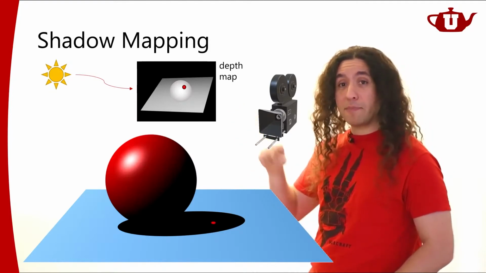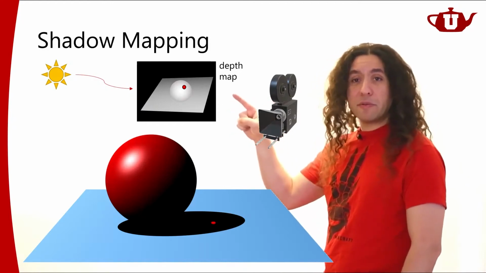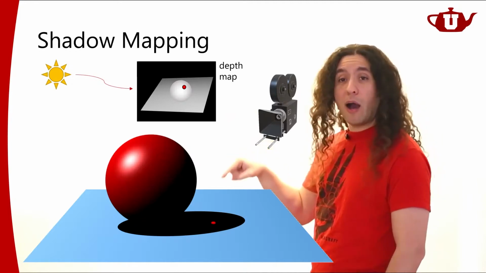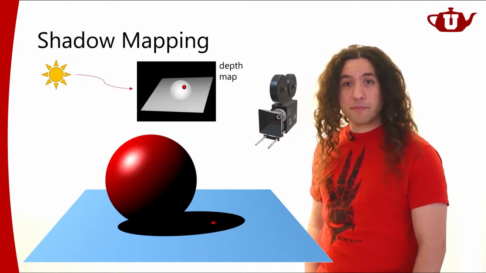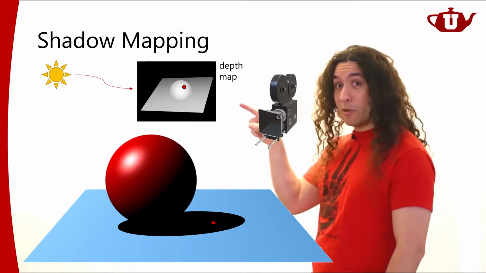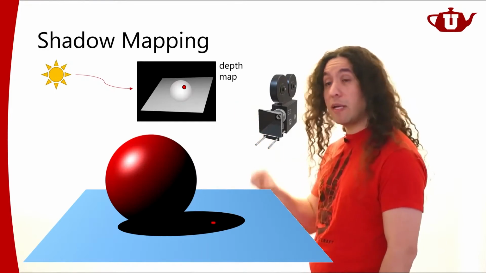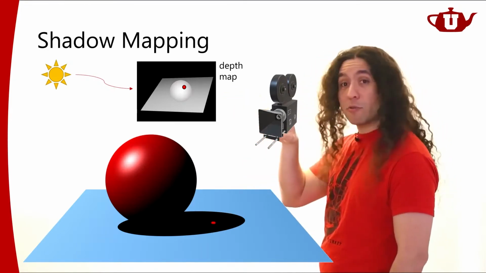And I'm going to look at that depth value stored in the depth map. This is going to tell me how far that point is from the light source, right?